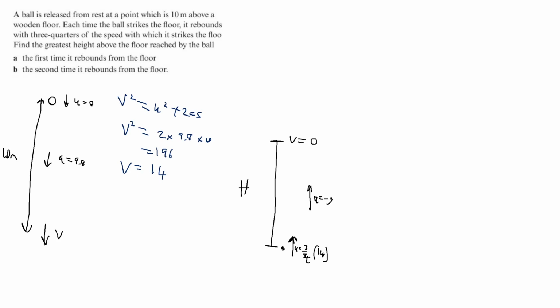Anyways, how are we going to work out the height? We don't have time, so v squared is equal to u squared plus 2as. We know v is 0, so u squared minus u squared is going to be 2as. And so therefore, s is going to be u squared over 2a.